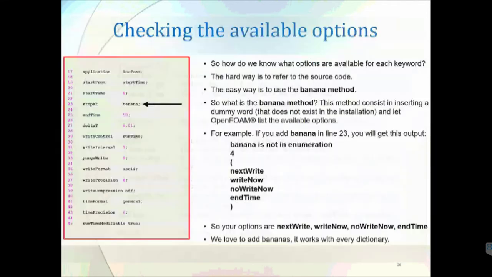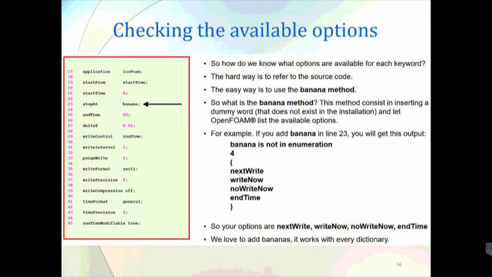You can simply replace the endTime option with some meaningless variable name, like bananas or XYZ. After doing this, you can save the file and run your case again. Of course, OpenFOAM will give you an error, but inside the error, OpenFOAM will list all the other options that are available. So in order to find out what options are available, you can simply replace that option with a meaningless name, XYZ or bananas or something, and run your case. What will happen?